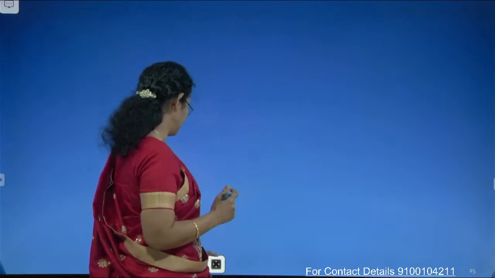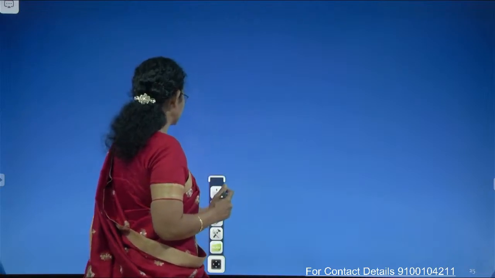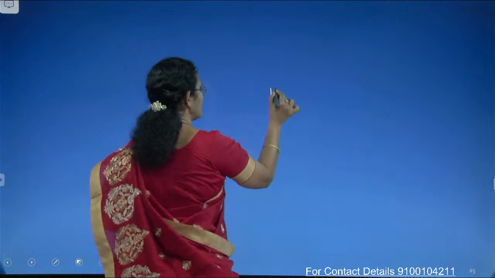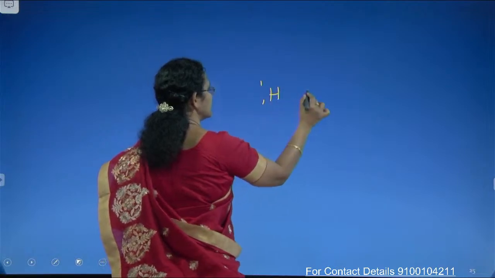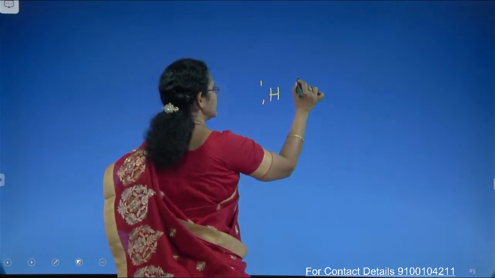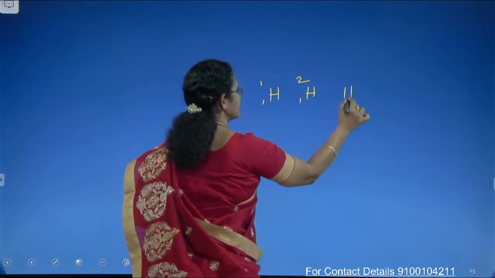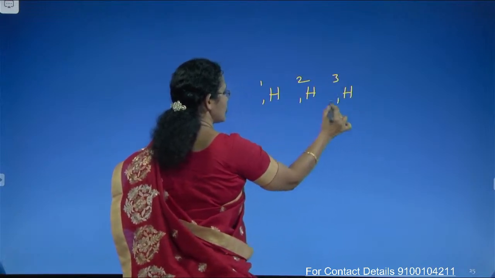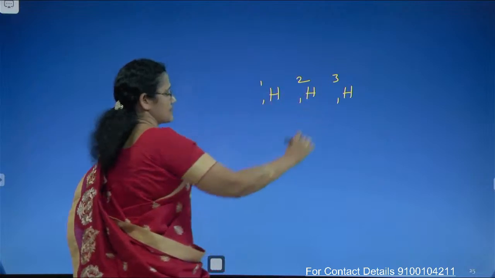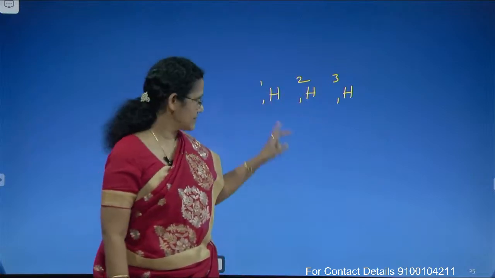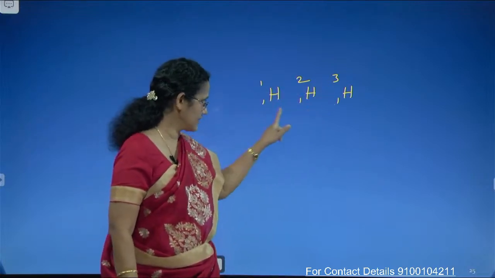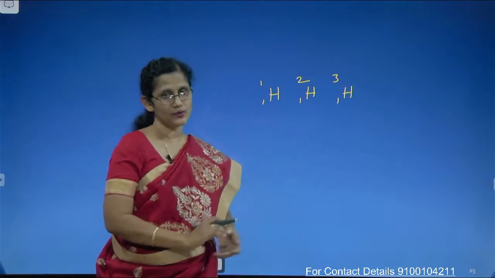When atomic number is same, properties will be similar, but their mass number is different. For example, protium, deuterium, tritium, atomic number is same, mass number different, right. Mass number means number of protons and neutrons; atomic number indicates number of protons.